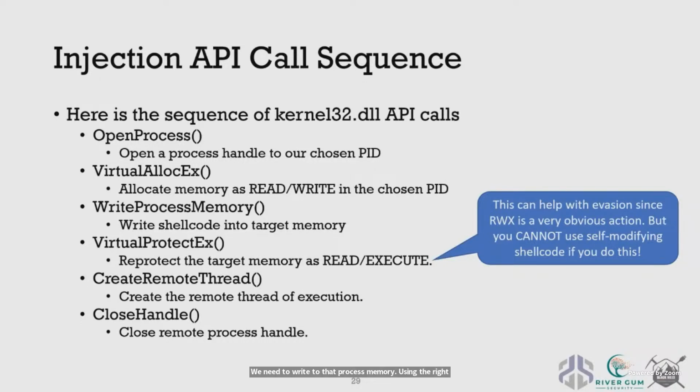We need to reprotect that memory with VirtualProtectEx back to read-execute. And then we need to use CreateRemoteThread to create the foreign process thread, and then we close the process handle. That's the right way to get that thread executing in that foreign process.